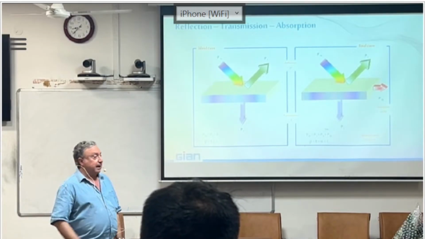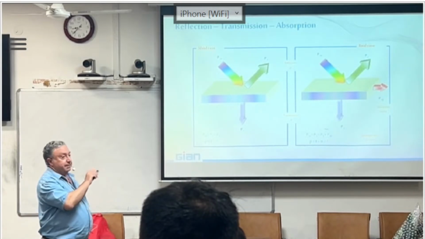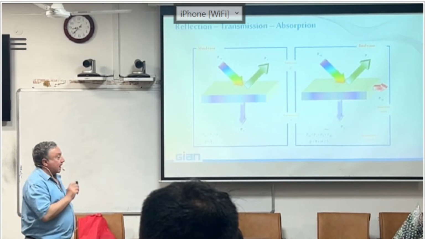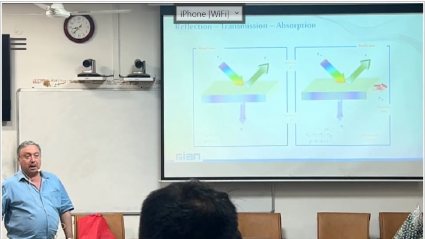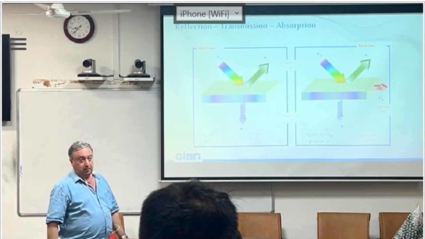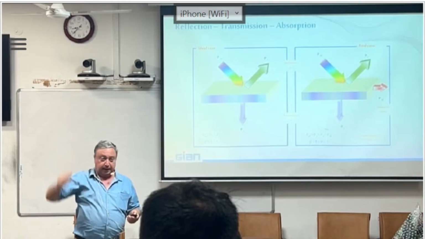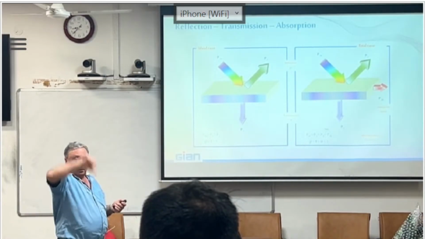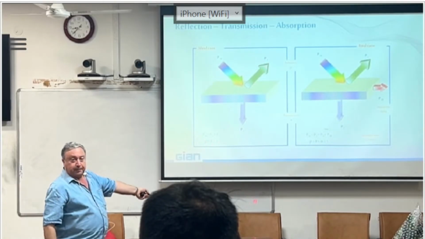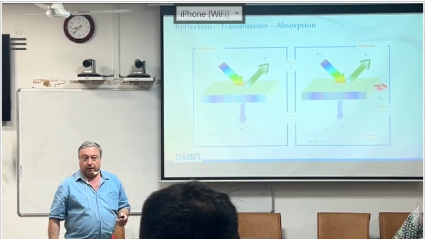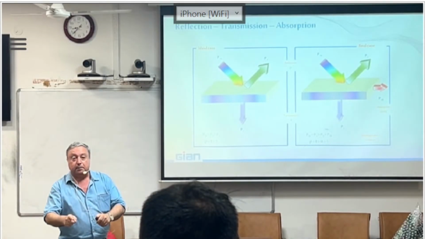In fact, you can understand that in a different way. Here you have a beam, but imagine that you have a single photon arriving here. A single photon has probabilistic behavior. When the photon arrives here, it is thinking, now I can go there or there. My probability to go there is ρ, and my probability to go there is τ. That's because ρ and τ are always between 0 and 1.